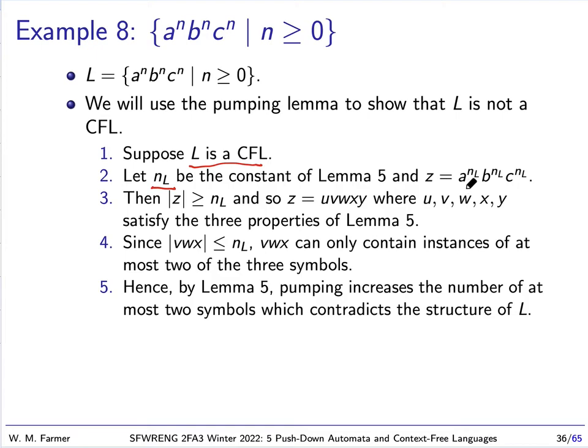And so let Z be this string: A to the n sub L, B to the n sub L, C to the n sub L. And so this string is clearly greater than our constant. In fact, it's 3 times the length of the constant. And so that means Z breaks into 5 parts. And these parts satisfy the 3 properties.